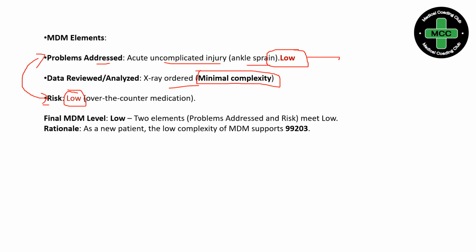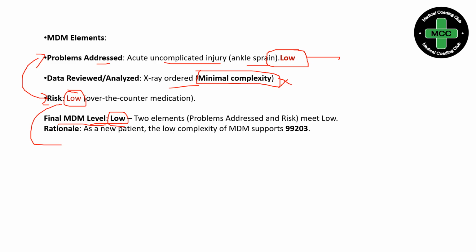So let's conclude our final MDM level as low. We have to drop the minimal level because it is the lowest one. So we are meeting low level as a problem, low level as a risk. So totally we will get final MDM as low.